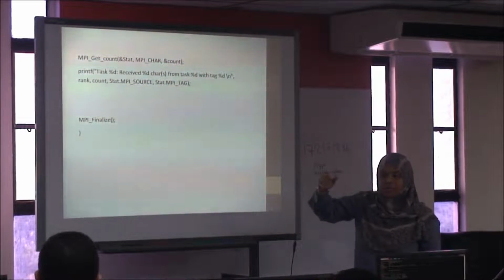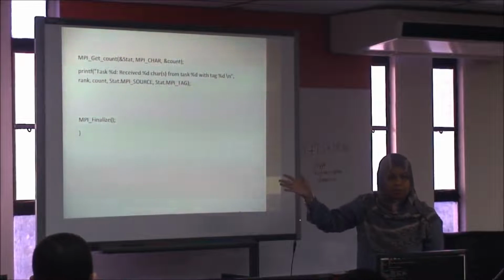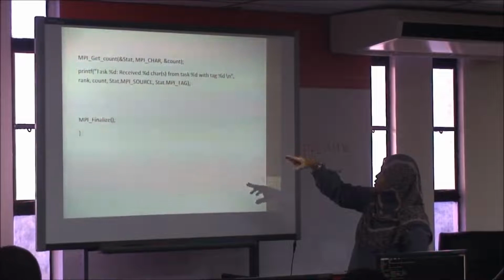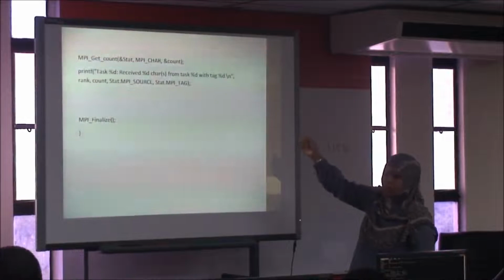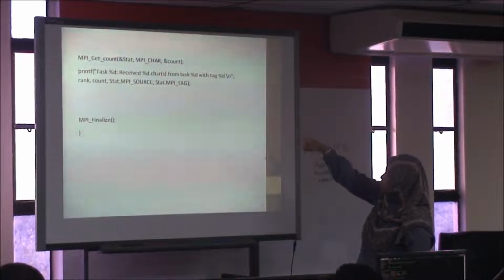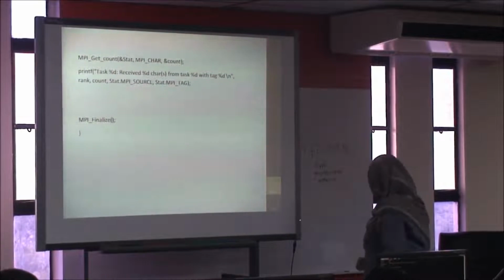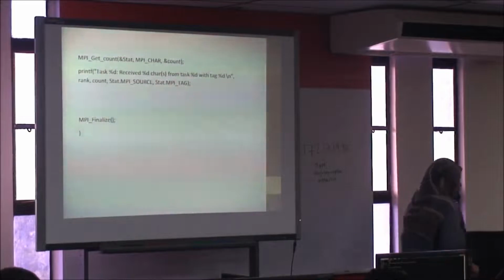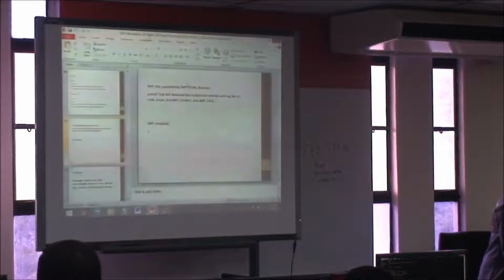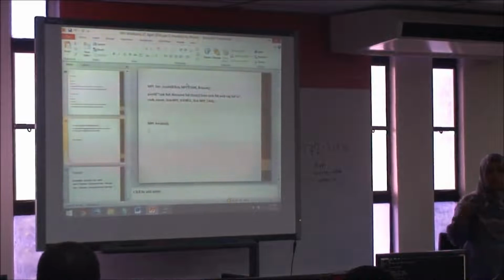So whatever rank is there, that's why task 0 is from processor 0, task 1 is from processor 1. Receive one char from task, again the rank, and the source. Okay, do you understand? Any questions?